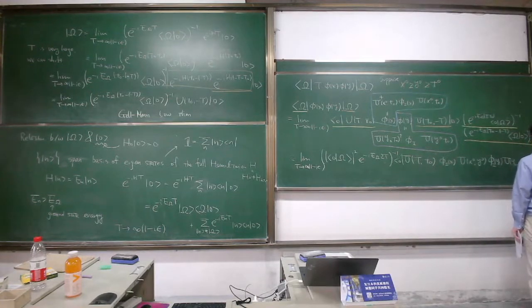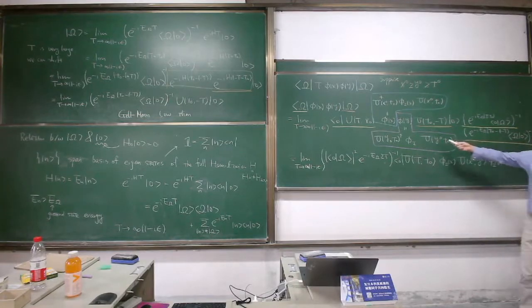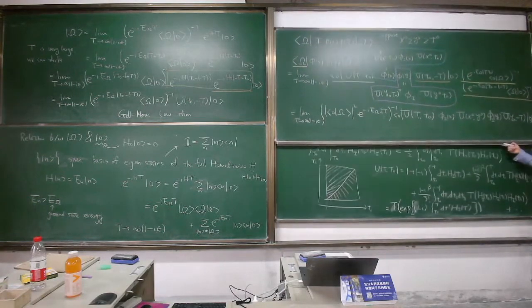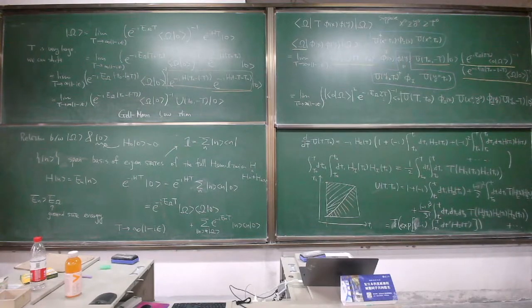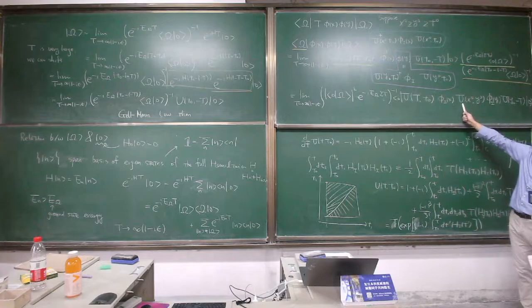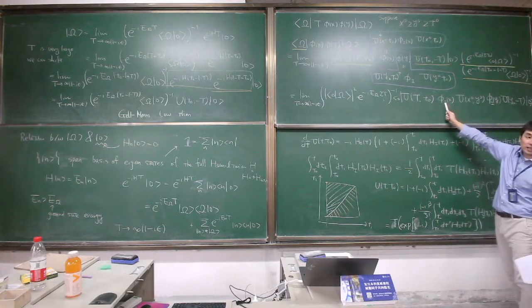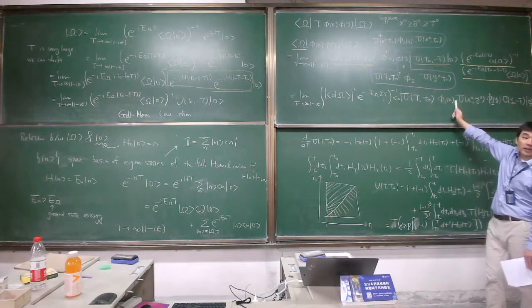P and not P. So this times this will combine into this guy. Okay? So it's a very nice form. So this means that you start with 0 and let this state evolve by this U operator, and you encounter the interaction picture of the phi, and let this state evolve by U operator from y naught to x naught as the time goes by, and then you hit this operator at the time x naught.